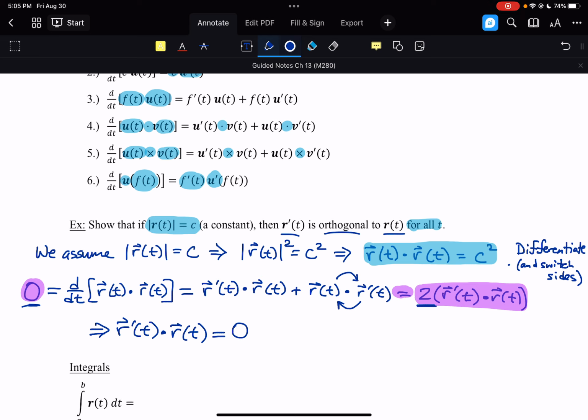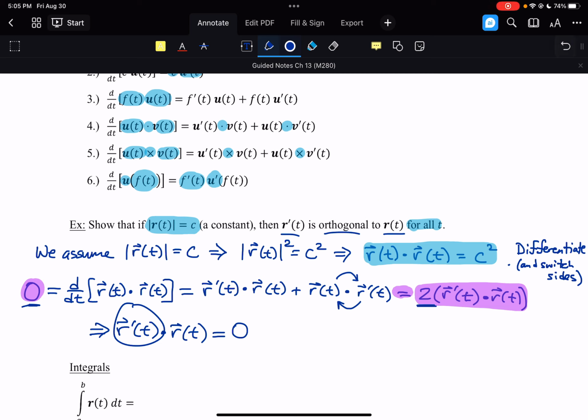And if you recall, one of our major properties of the dot product is that any 2 vectors, if they are dotted together and get 0, those vectors are orthogonal. This is how we test for orthogonality. So since the dot product of r prime and r is 0, they must be orthogonal, which is exactly what we were trying to prove.